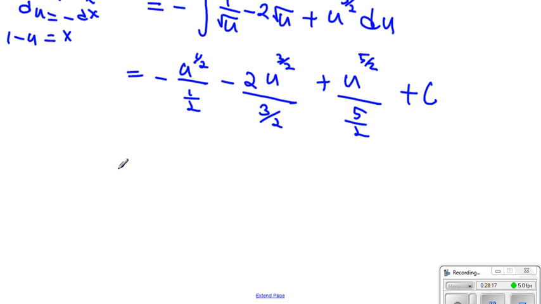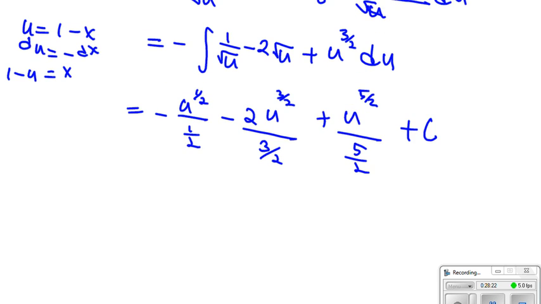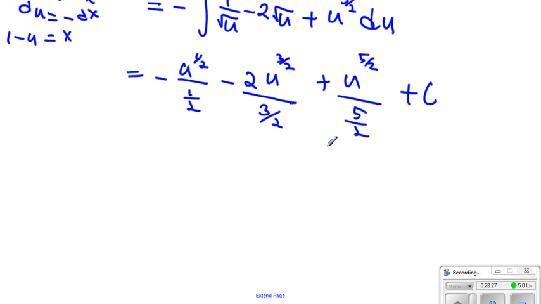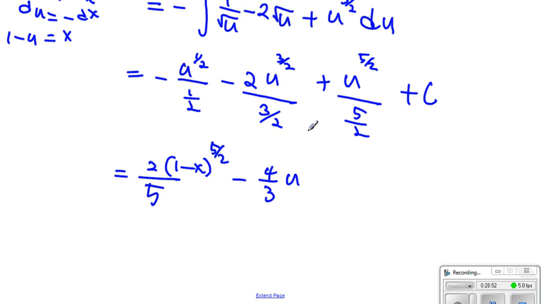Then if you have to rewrite all these things down, then what we end up getting is this. Since u is equal to 1 minus x, the first term with the highest exponent becomes 2 over 5 times 1 minus x to the 5 over 2 power, minus 4 over 3 times u to the 3 over 2 power.